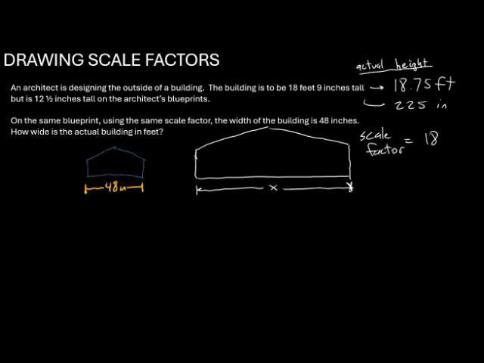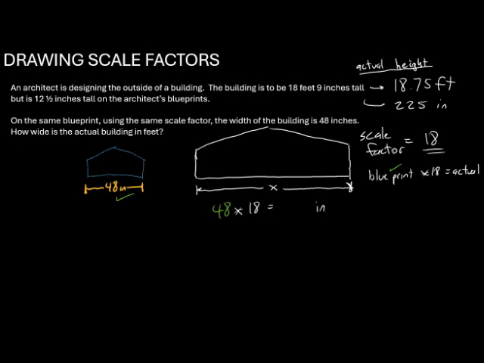Now we don't have any other sides, but we do have a scale factor of 18. This tells us that the blueprint times 18 will give the actual. We do know what the blueprint is. That's 48 inches. I'll put a check mark next to that. And so we'll say that for the actual unknown side of the building, we'll take that blueprint 48, and then we'll multiply that times 18, and that will give us the actual length in inches.